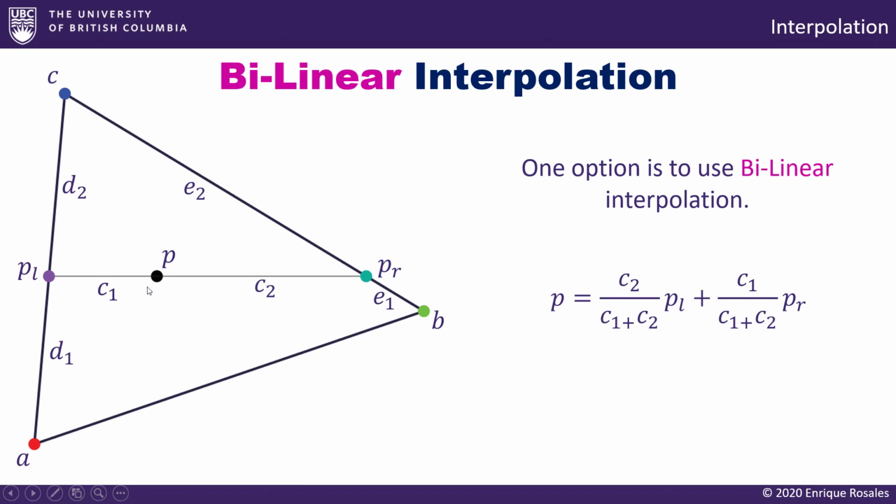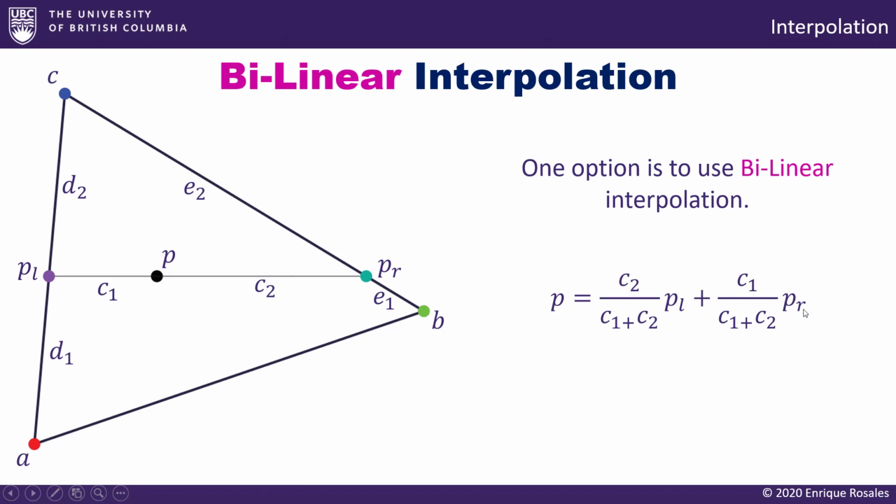So we now get the distance C1 and C2. Remember, we have the coordinates of PL, we have the coordinates of PR. So we know now in the x-axis, we now have this distance, right? C1 and C2. And we basically apply the same formula. We take the color of PL and we multiply it by the ratio from the opposite distance.